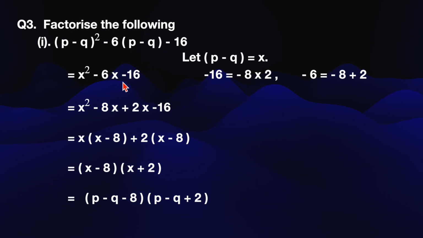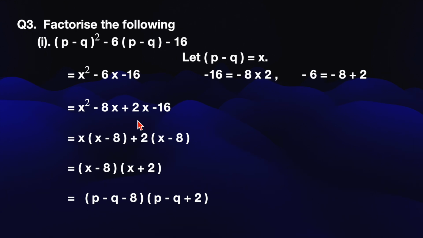So let us now split the middle term. Minus 16, find two numbers which when multiplied should give us minus 16. So 8 twos are 16. But here the middle term is negative, so it will be minus 8 into 2. Minus 8 into 2 is minus 16, and if you add them, minus 8 plus 2 is minus 6.